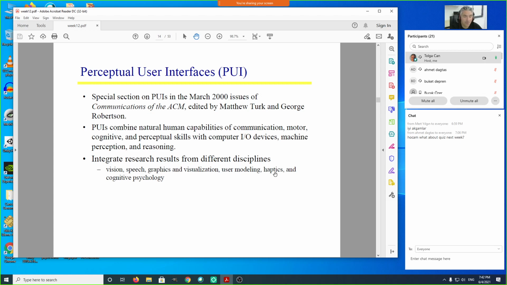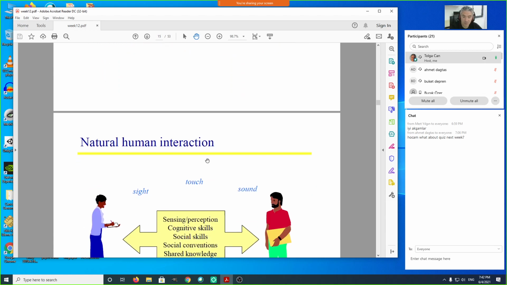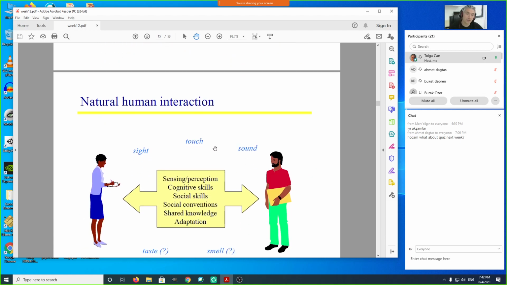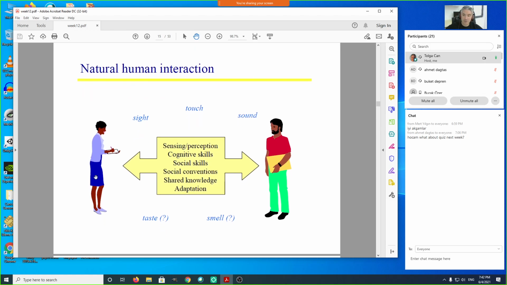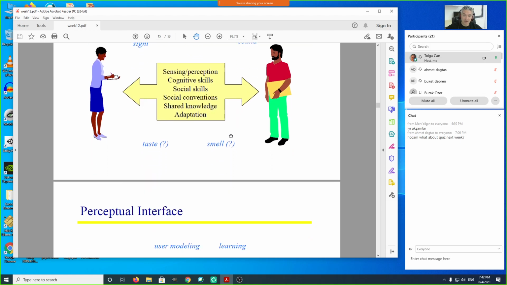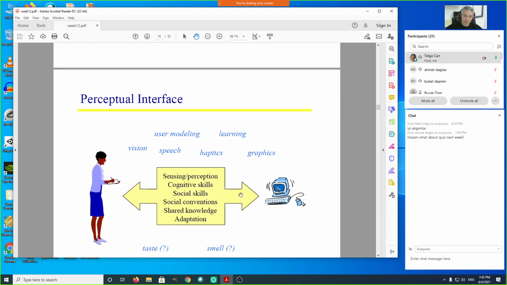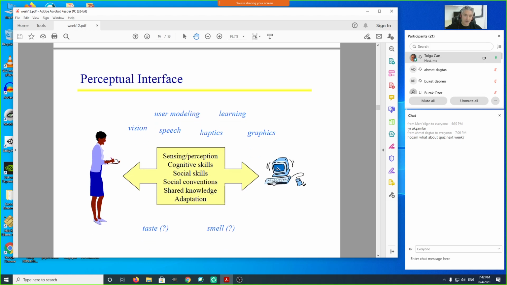Haptics is the area of touch-based interfaces, and also cognitive psychology. We cannot forget about the human factors. So cognition and psychology should also be taken into account. Natural human to human interaction is using multiple channels at the same time, and it should be something similar with a machine.